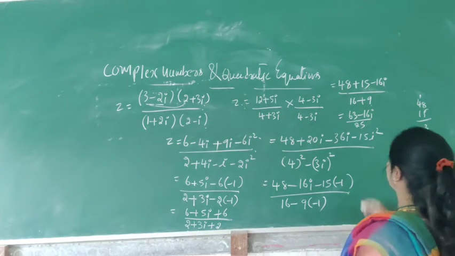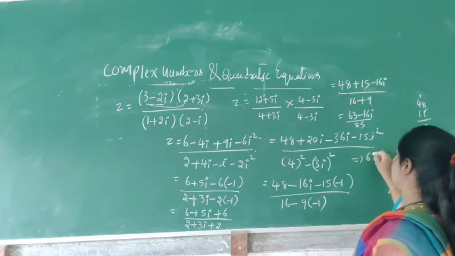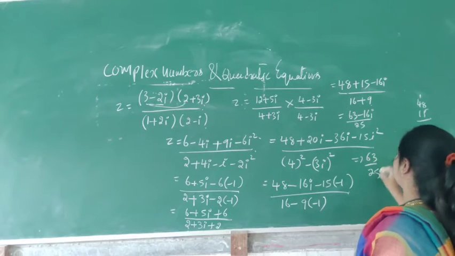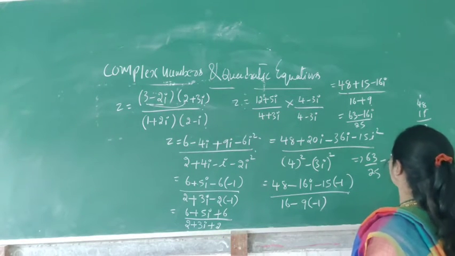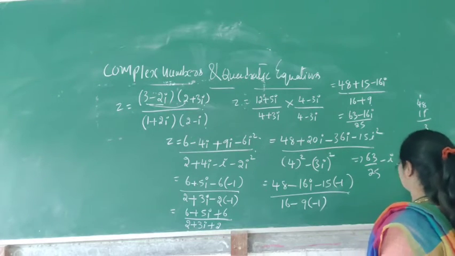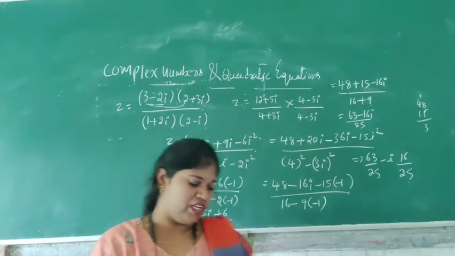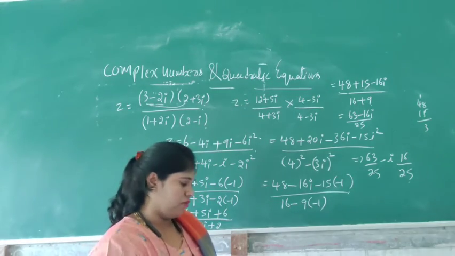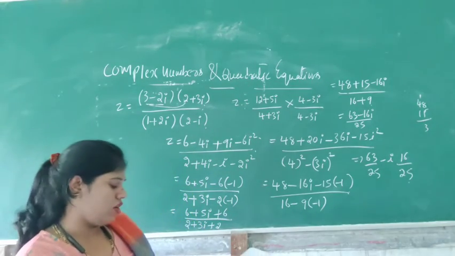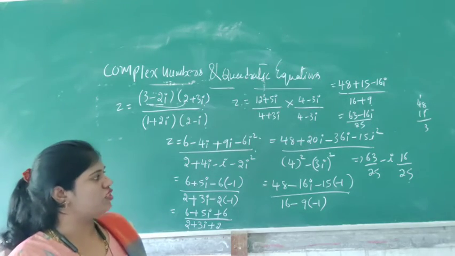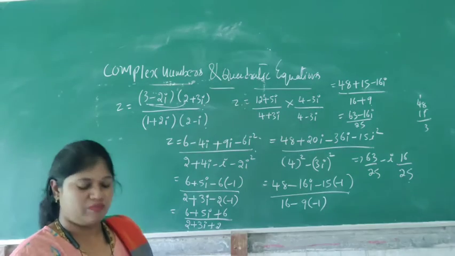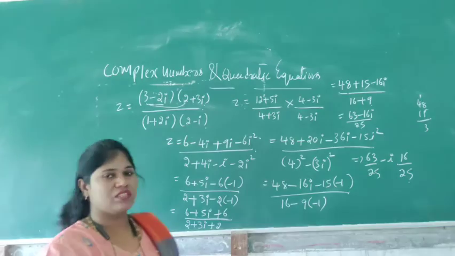63 minus 16i. So which is equals to 63 by 25 minus i of 16 divided by 25. This is the z value. This is the z value. Okay. So we have to find out the conjugate. 63 divided by 25 minus i 16 divided by 25 is the value.